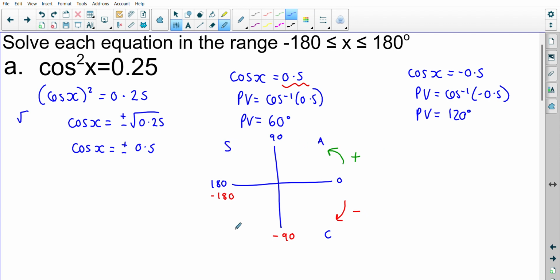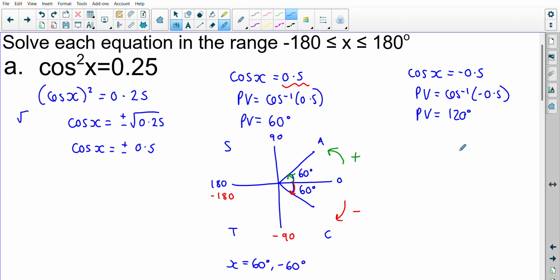Well, it's in the C and the A section. And from here, I can get the value straight away. So there's going to be just a principal value there, no other values when I go to 180. This one is going to be minus 60, again, no other values if I carry on to minus 180. So I'll have x equals 60 and minus 60 as my solutions for that part.